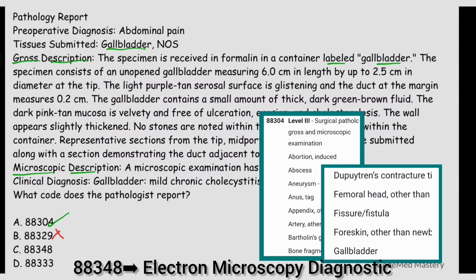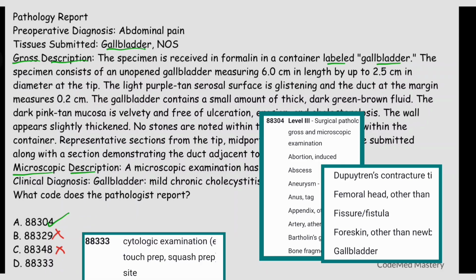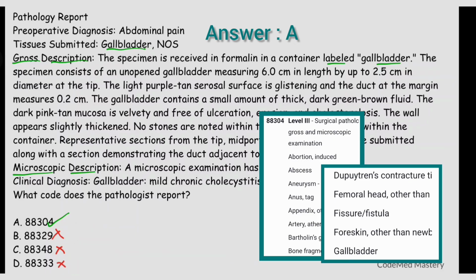So directly eliminate option C. And option D, 88333, is for pathology consultation, cytologic examination, touch prep, squash prep, initial site. It is not matching with the scenario, so eliminate option D. Option A is the right answer.